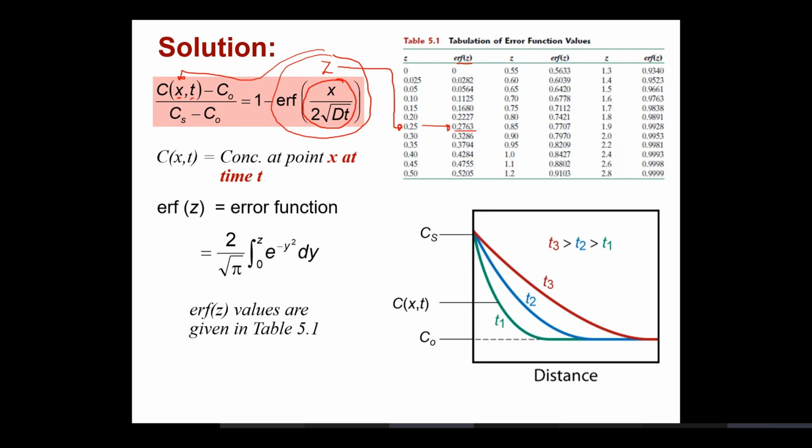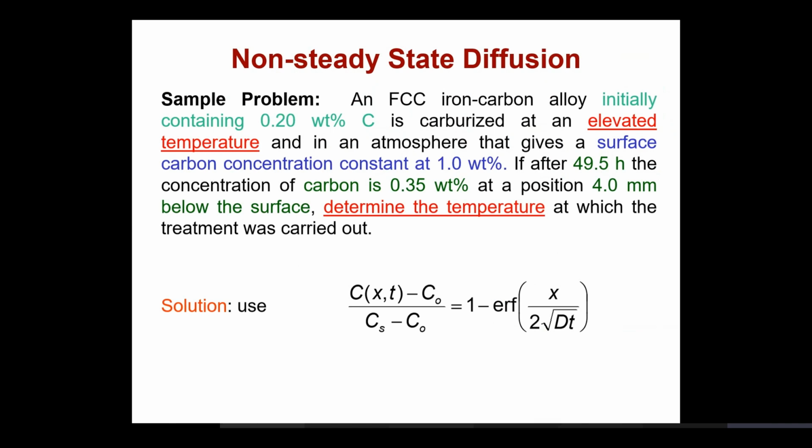So we'll try to look into this second law expression for the carburization solution by virtue of an example. It says that an FCC iron carbon alloy initially containing 0.28% of carbon is carburized at an elevated temperature in an atmosphere that gives a surface concentration of carbon of 1 weight percent.